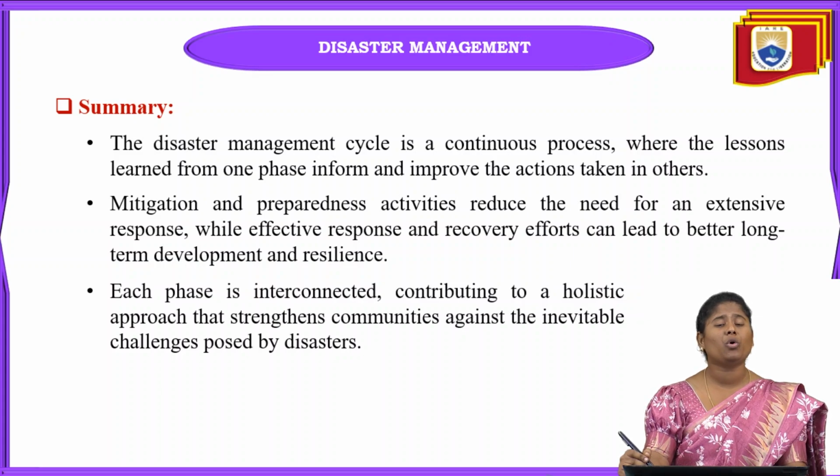So we have to improve our actions from one phase to another, and mitigation and preparedness activities have to be done to reduce the need for an extensive response. Response and recovery efforts also can lead to better long-term development and resilience among the areas.